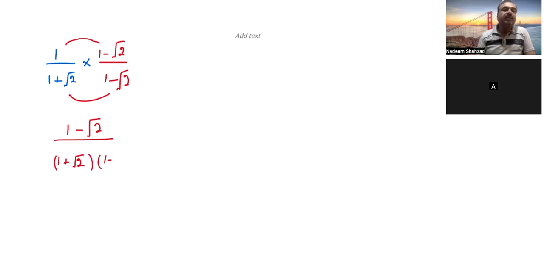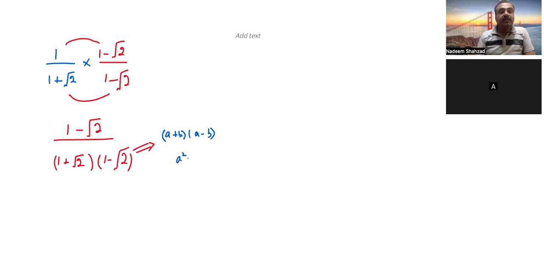In every question of rationalization, we will use the formula a plus b and a minus b, which equals a square minus b square.